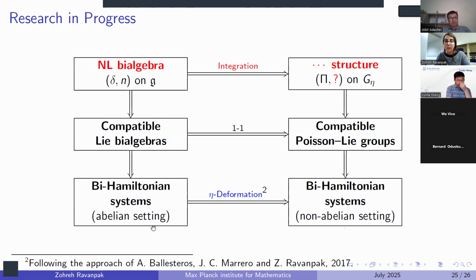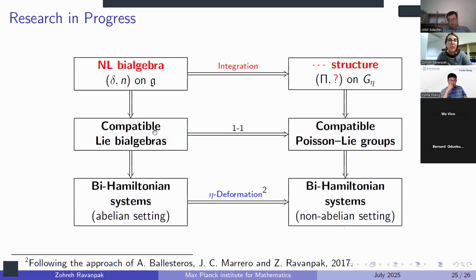Also, in the example, I explained how they define a Hamiltonian system in abelian settings, considering G as an abelian Lie group. Actually, in our last work, we showed a process which can get another Hamiltonian setting.